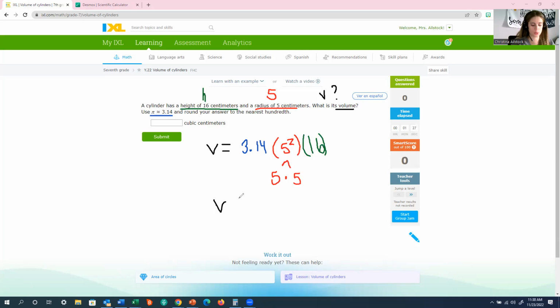Once you have that, you can plug it all into your calculator. So 3.14 times 5 times 5 times 16. There we go. And it gives us a volume of 1,256 cubic centimeters.